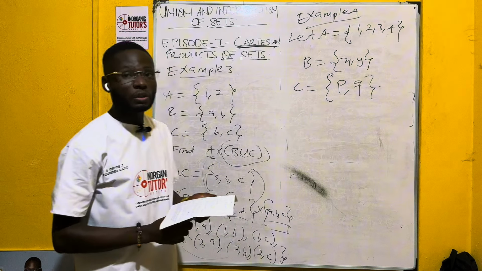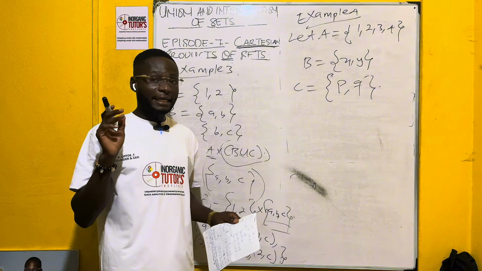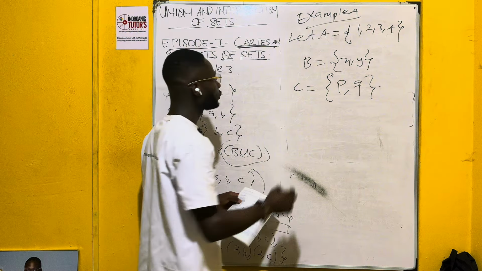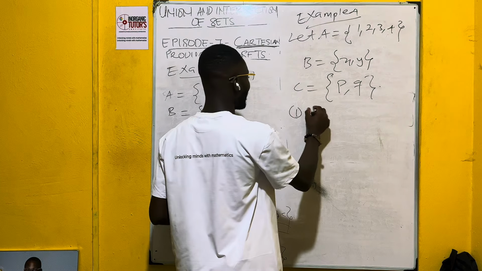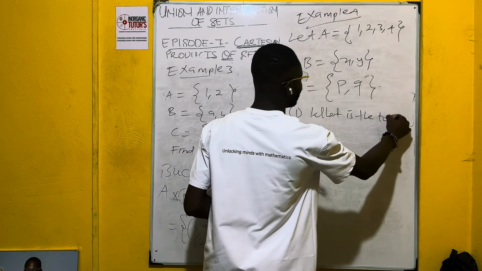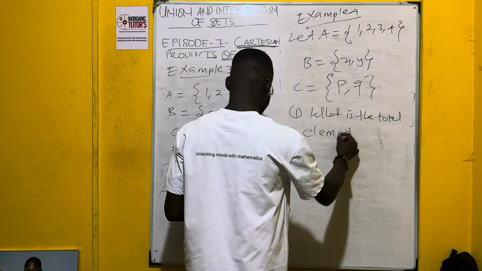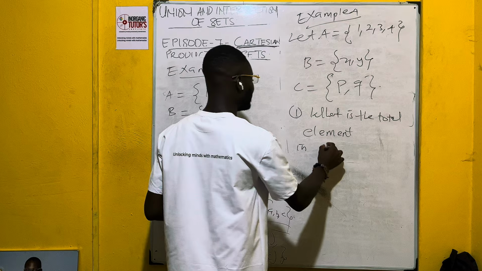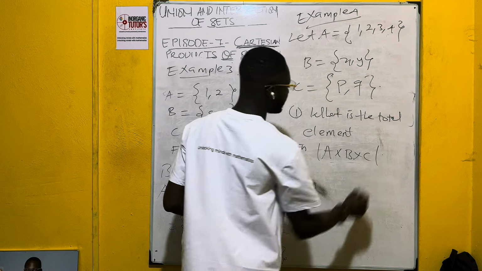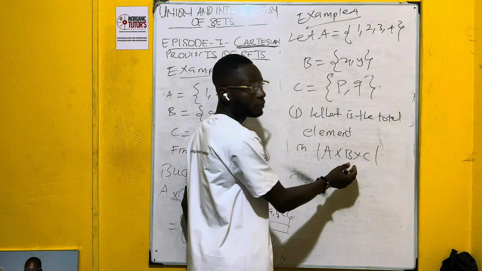We want to know the total number of elements, the cardinality of A cross B cross C. So first question: what is the total number of elements in A cross B cross C? Right? What is the total number of elements in A cross B cross C?